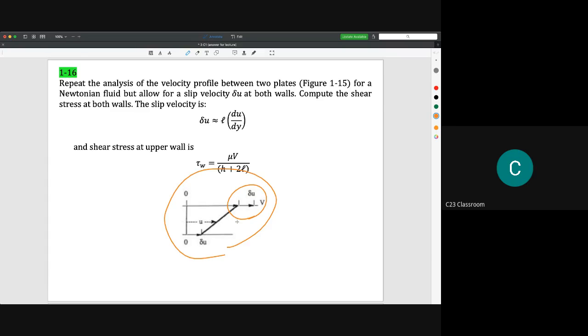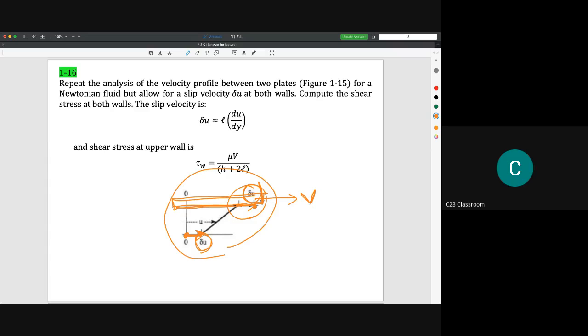If it can slip with delta u here, it means the velocity at this point is reduced by delta u. This molecule is moving at a certain delta u velocity, but it doesn't mean that this molecule will move faster than the sliding plate. The plate slides with velocity v.